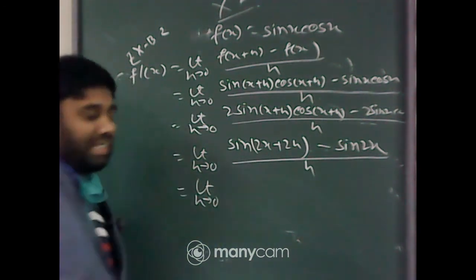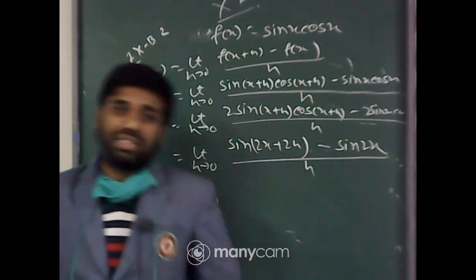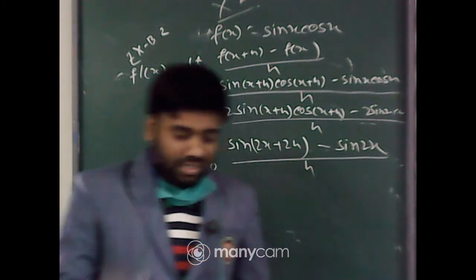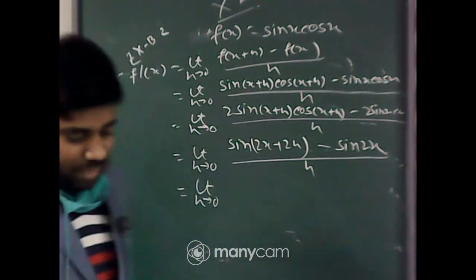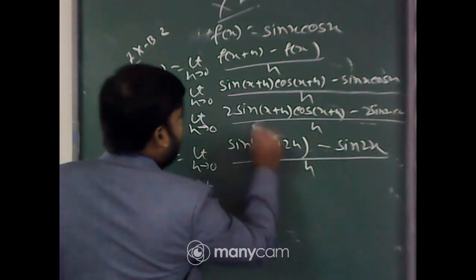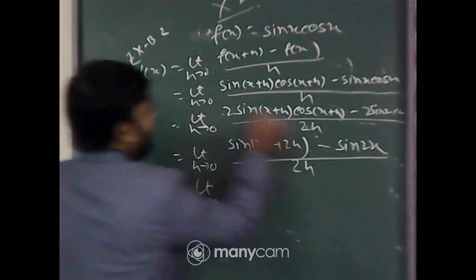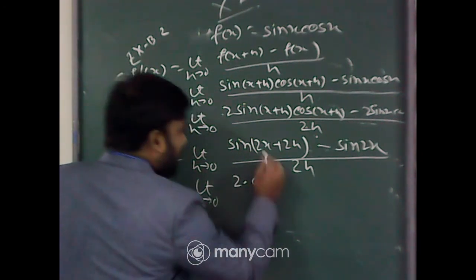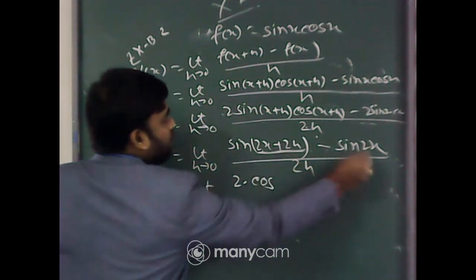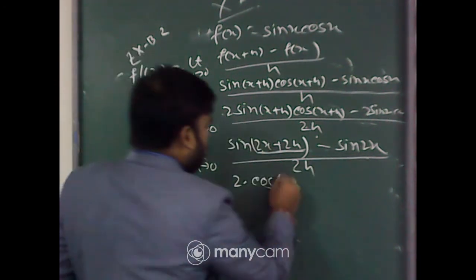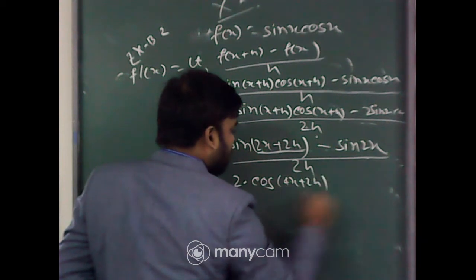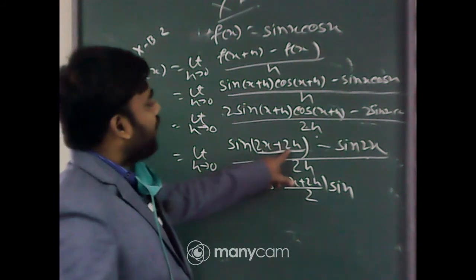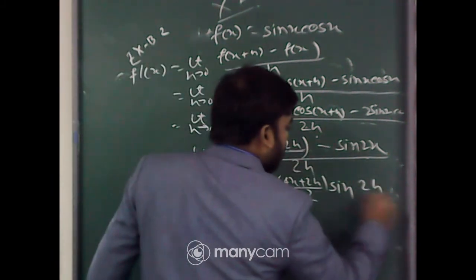Now sin c minus sin d, what is the formula? sin c minus sin d equals 2 cos((c+d)/2) sin((c-d)/2). Here 2 is also multiplied in the denominator. Now 2 cos((c+d)/2), that is (4x+2h) by 2, and sin((c-d)/2), that is (2x+2h minus 2x) by 2, so sin h.